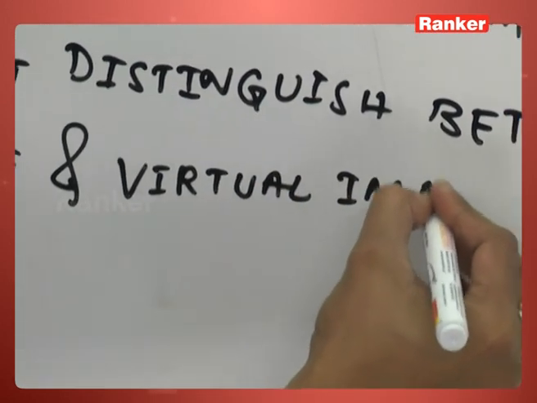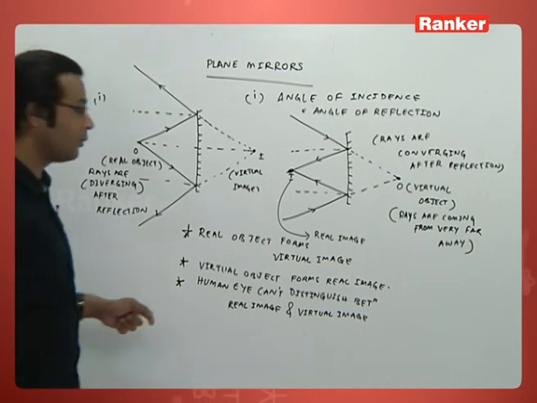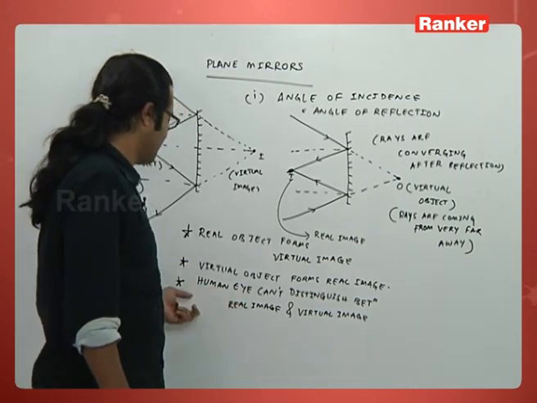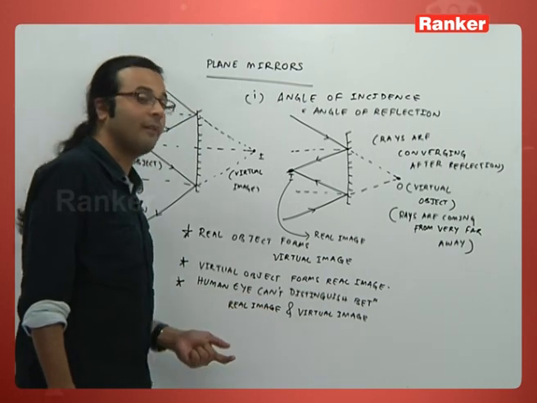That means if I consider myself an ordinary person with no knowledge of physics, I cannot distinguish between a real image and a virtual image.